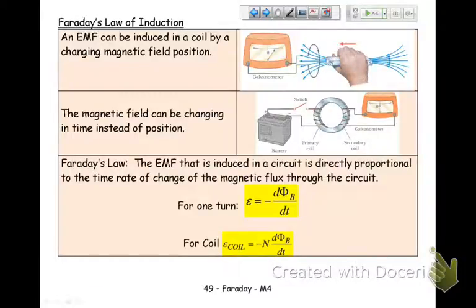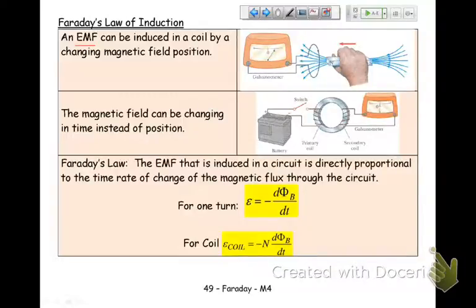An EMF, an electromotive force, is measured in voltage. An EMF can be induced in a coil by changing the magnetic field position. The magnetic field can be changed also in time instead of position.